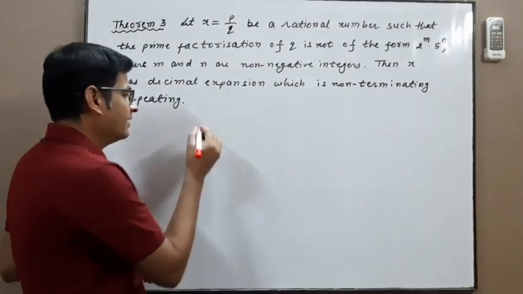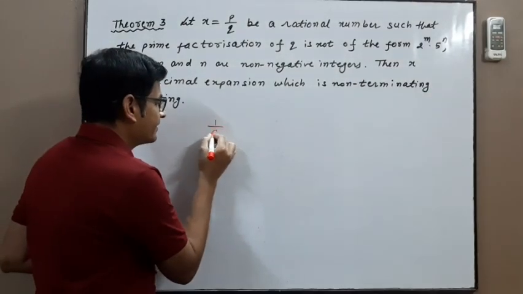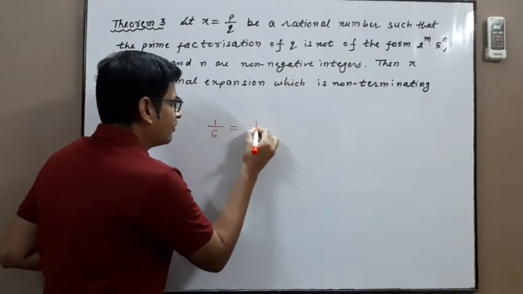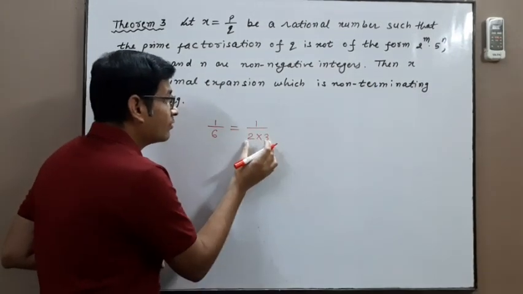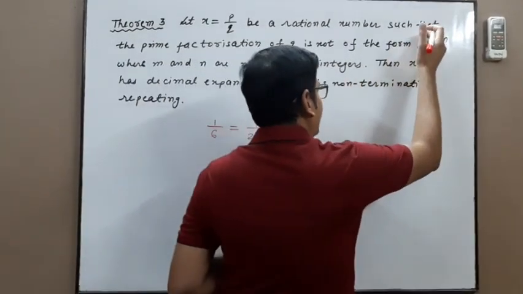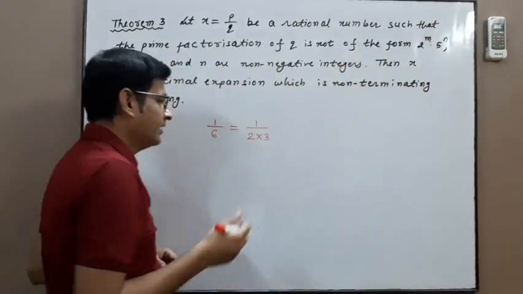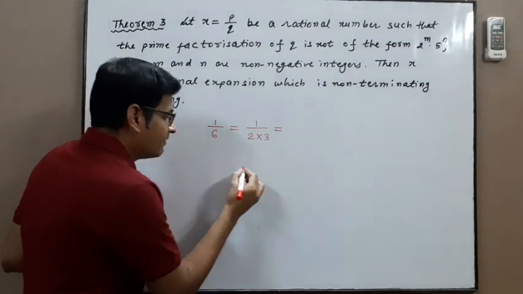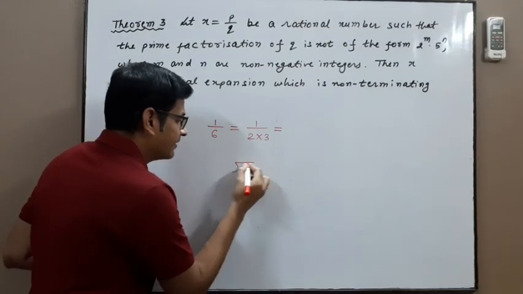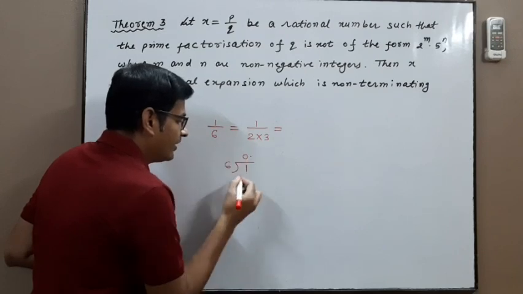For example, 1 upon 6. The factors of 6 are 2 into 3. Clearly it is not of the form 2 raised to the power m into 5 raised to the power n, meaning the expansion is non-terminating repeating. Just divide 1 by 6. 0 point.